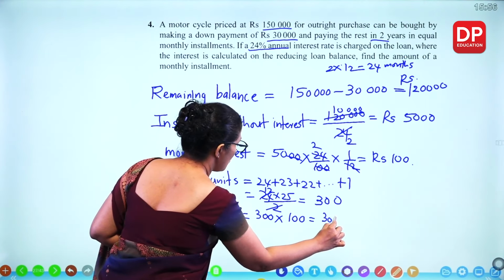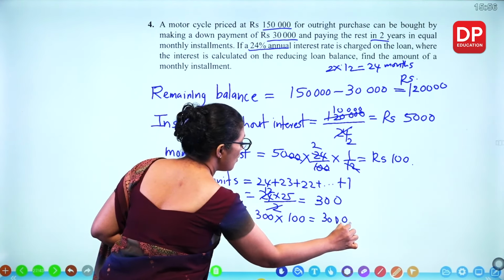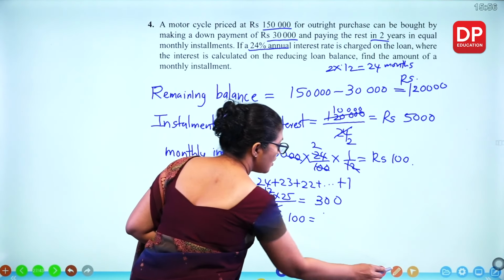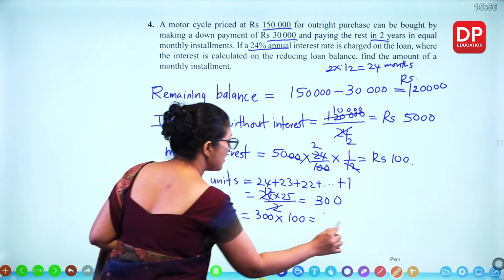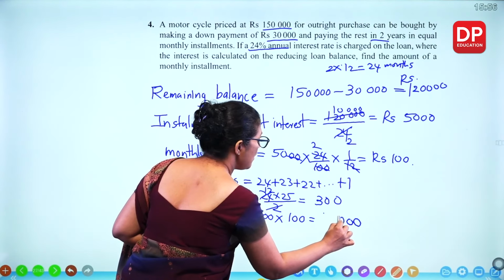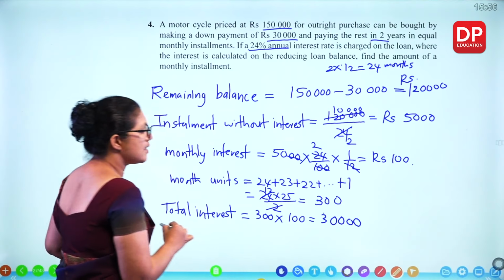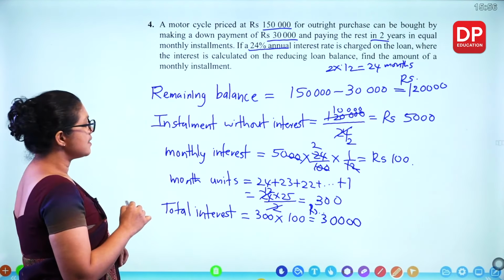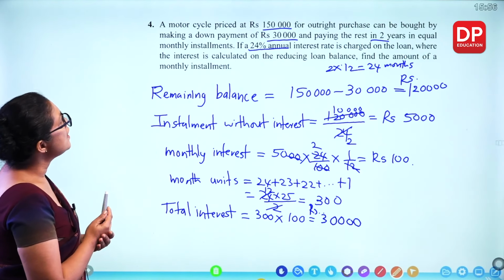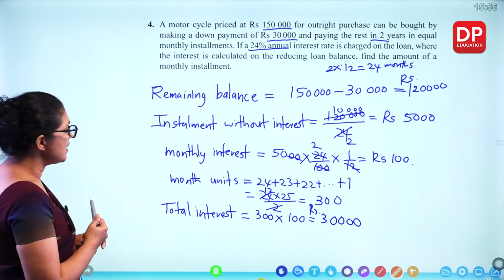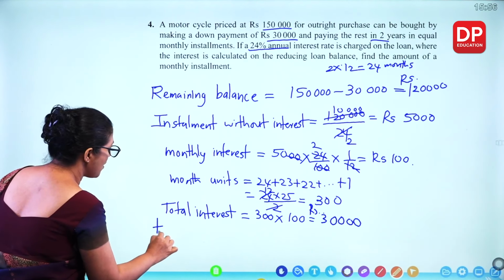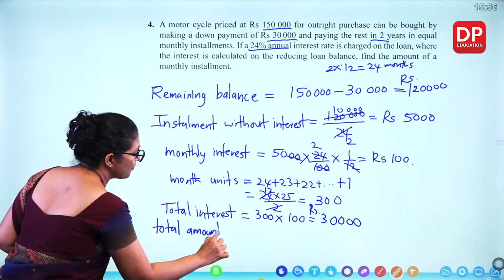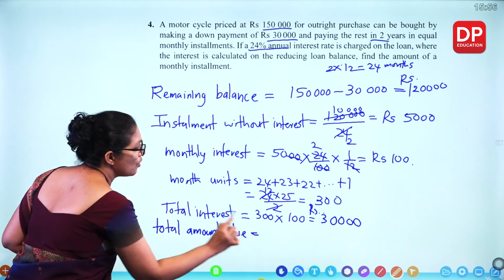So you need to multiply by 100. 30,000 rupees. That's the total interest. So we need to find out the monthly installment. So what's the total amount due?